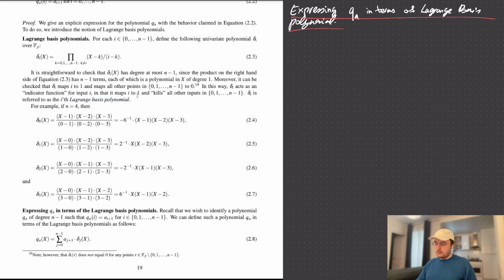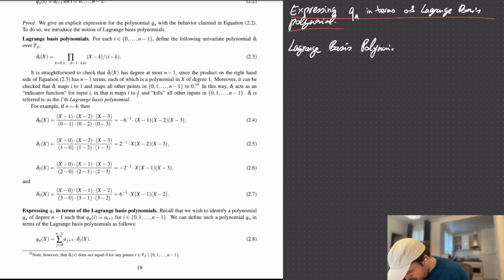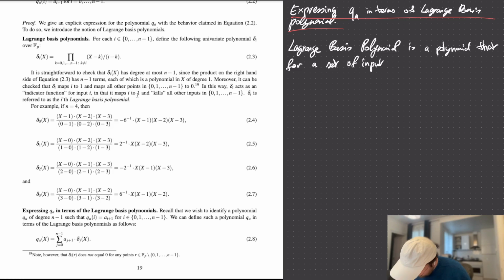So the Lagrange basis polynomial, just to write it somewhere, is a polynomial that, for a set of inputs, helps to detect one input and kill the others, kind of.